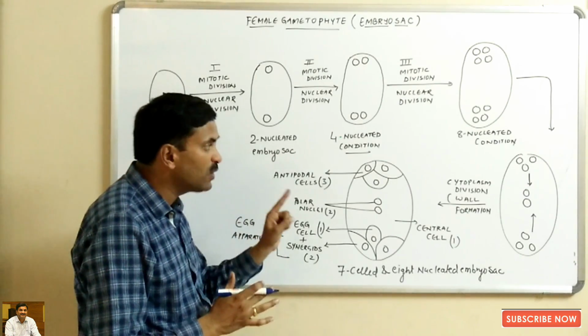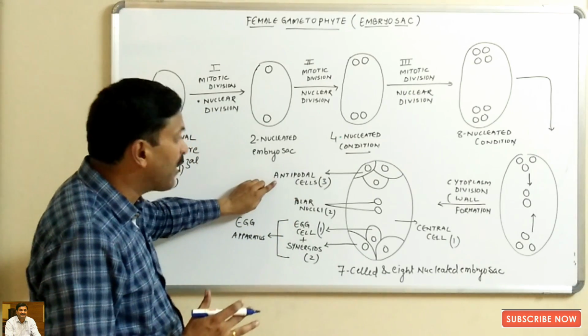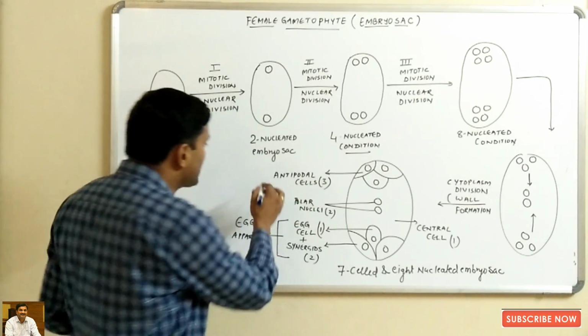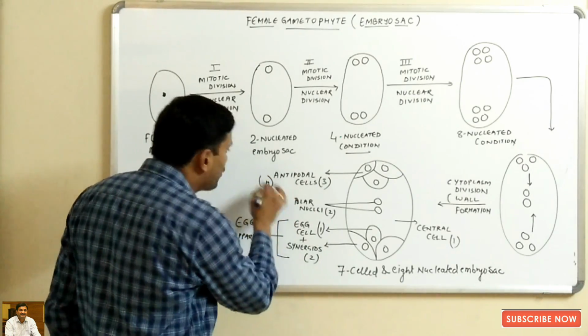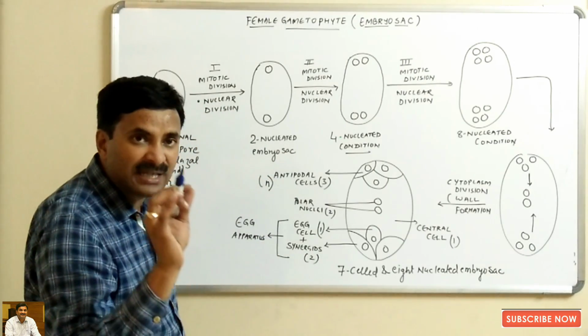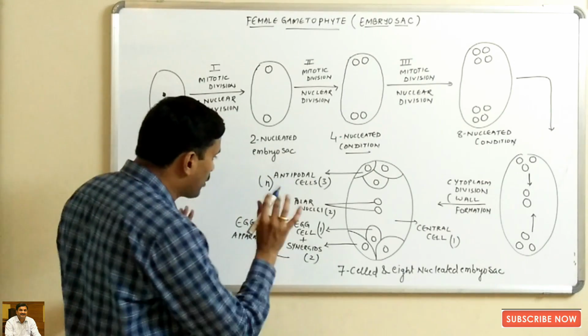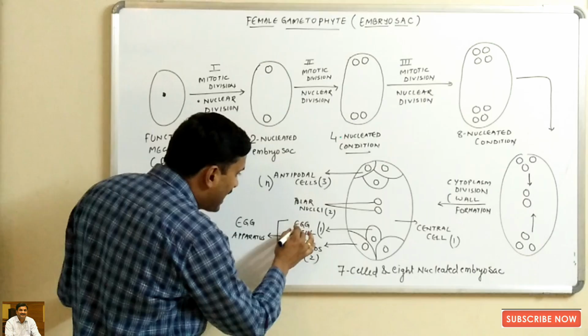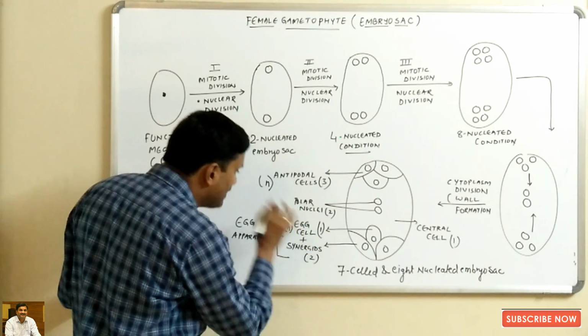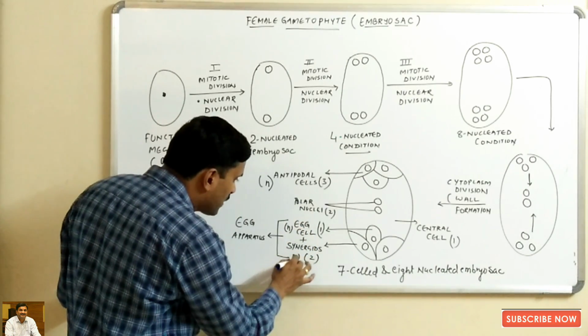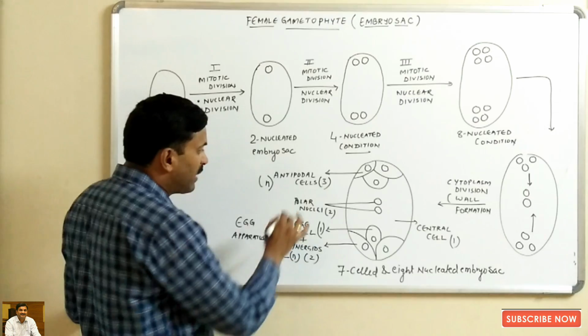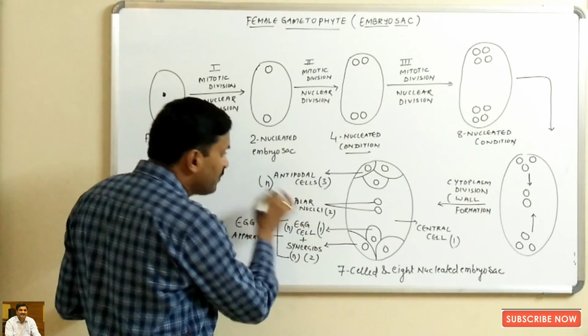Now you must also know about the ploidy level of these cells. The ploidy level of the antipodal cell is N. Always the antipodal cells are haploid, and the egg cell has the ploidy N, and synergids also have the ploidy N, while the polar nuclei are also haploid.